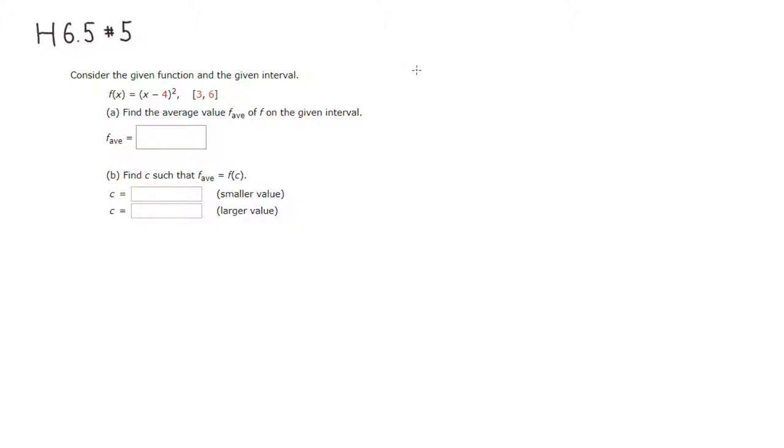So let's see, f average is equal to 1 over, right, b is 6 and minus a is 3. Then we want to integrate from 3 to 6 the given function, quantity x minus 4 squared, with respect to x, right?